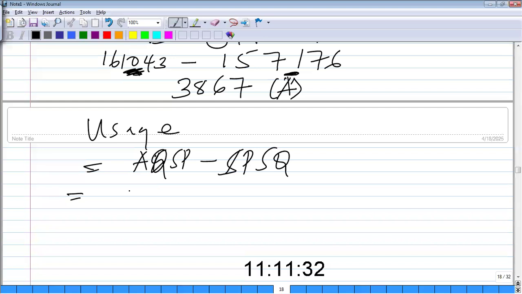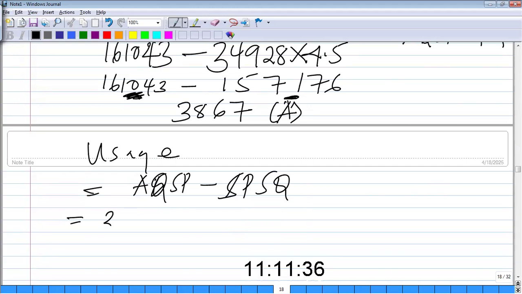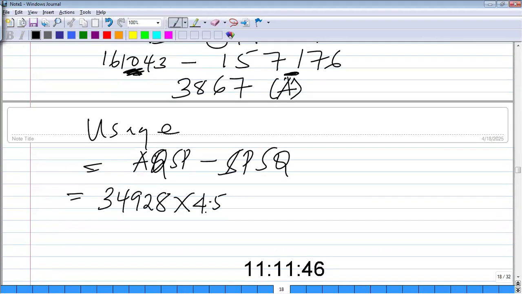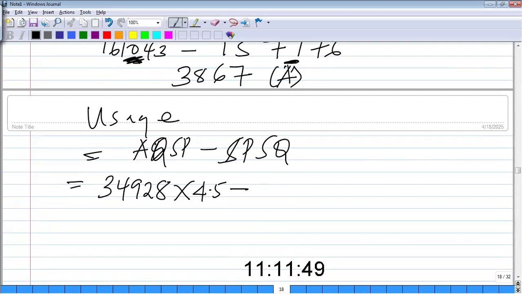Our AQ is how much? 34,928. We are dealing with kilograms, times what's the standard price per unit? 4.5 minus 4.5 times the standard consumption. Let me put this in brackets. What is the standard consumption per unit? Go to the budget, 18. So each unit is supposed to take 18 kilograms.